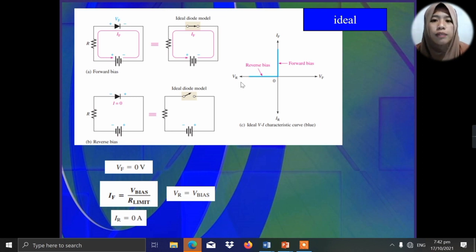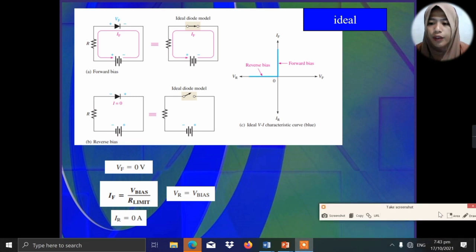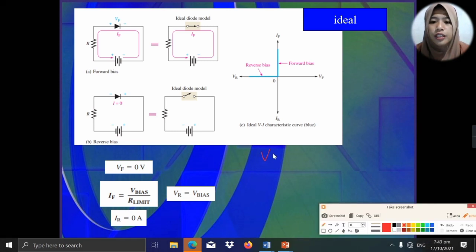To calculate the IF, itong current forward, we're going to have this Ohm's law, wherein ang Ohm's law natin is given as V is equals to IR. So, kakalculate natin is yung IF natin.